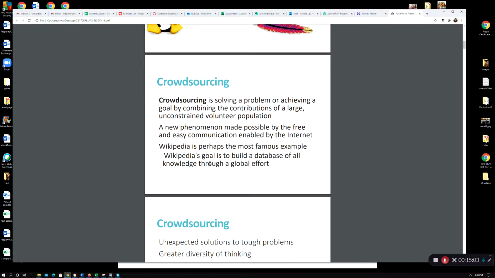The example that's always given right off the bat is something like Wikipedia. For those of you that don't know, Wikipedia is kind of the crowdsourcing equivalent of an encyclopedia, if people even use encyclopedias anymore.